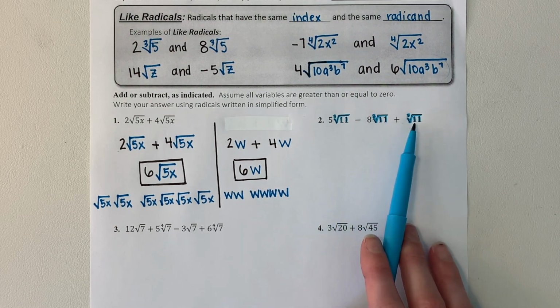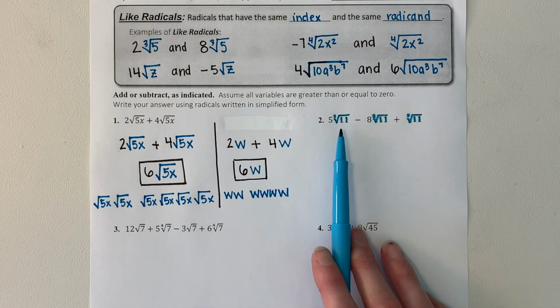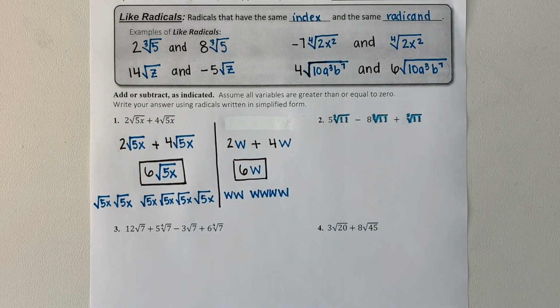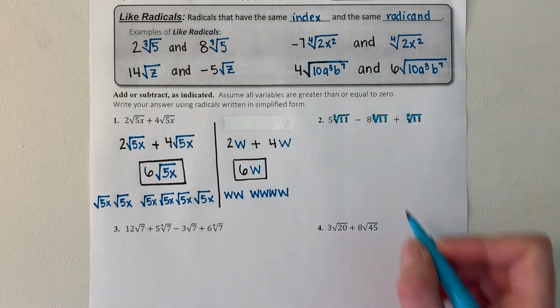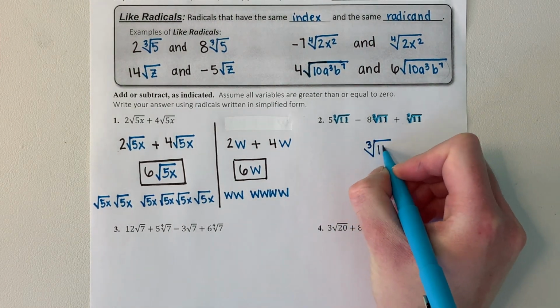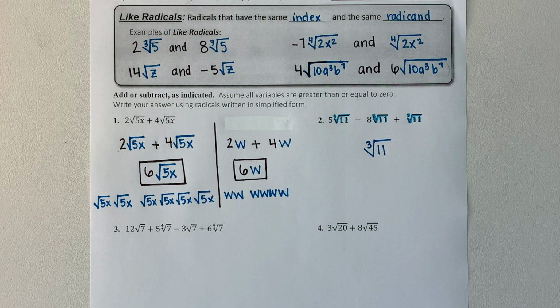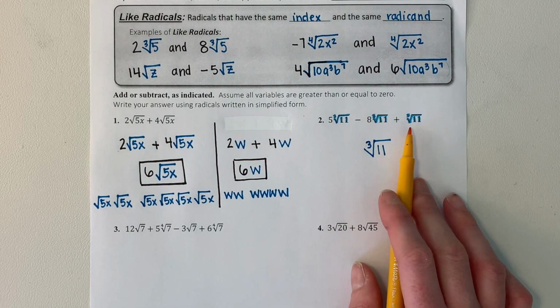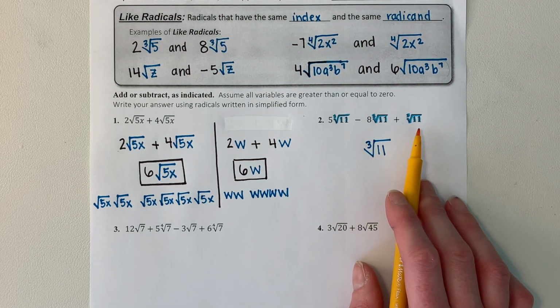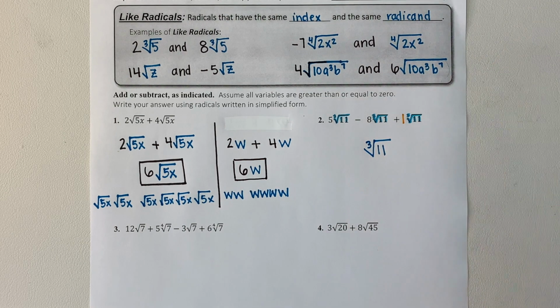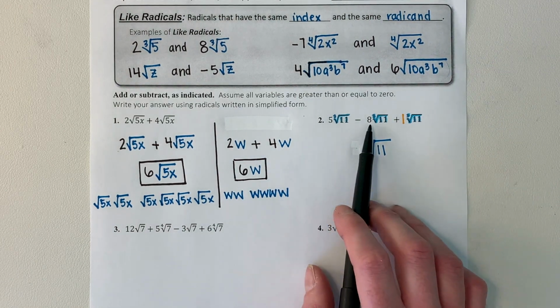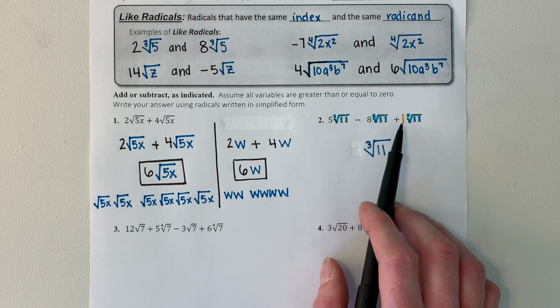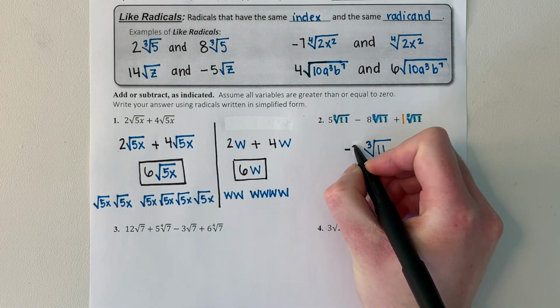The radical base here is the cube root of 11. So since these are like radicals, we can add or subtract them. And to do that, we're going to keep the radical base, which is the cubed root of 11, and then we'll add or subtract the coefficients. Now the coefficient on this radical is not written, so the implied coefficient is a 1. So we'll take 5 minus 8 to get negative 3, and negative 3 plus 1 will give us negative 2.